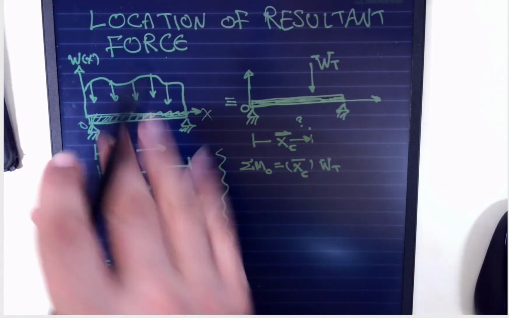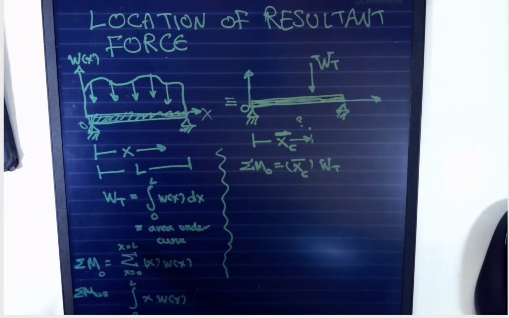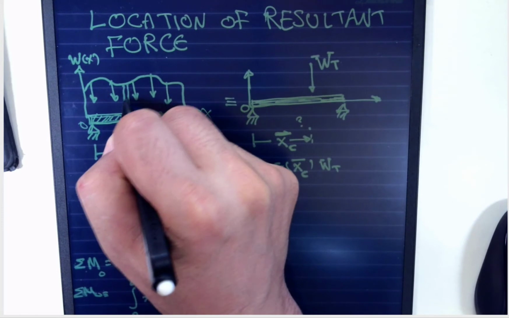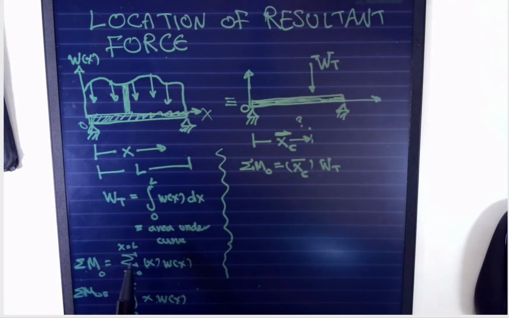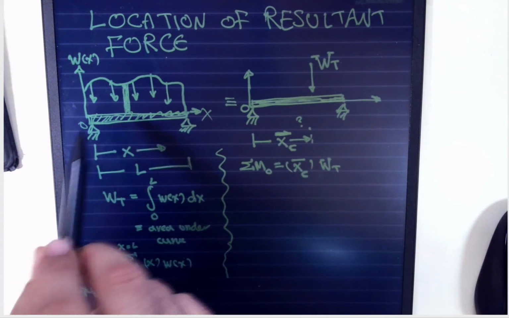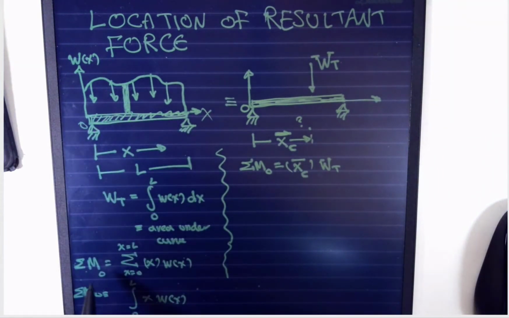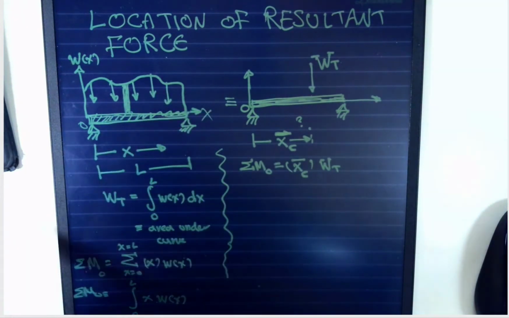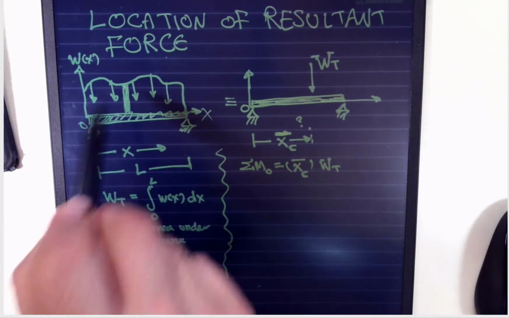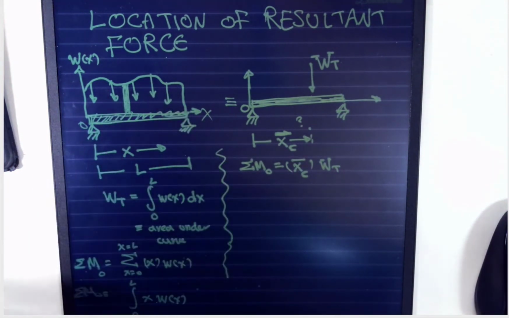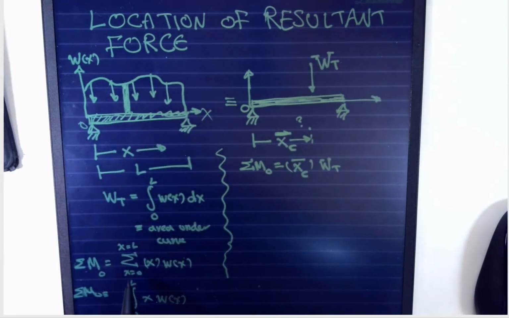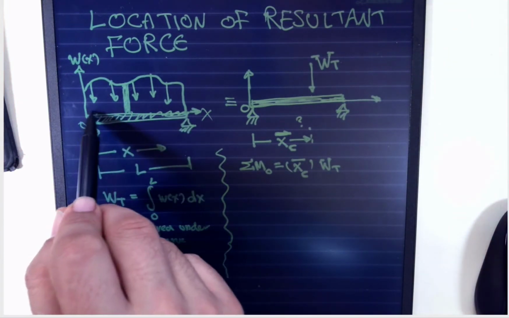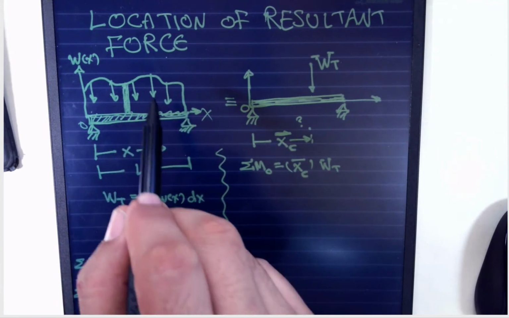In another way, if I were to first calculate the moment of each individual fragment, and I choose to calculate that moment about O, it's simply, if I discretize this profile into an infinite number of rectangles and want to calculate the moment of each fragment about O, the summation of x, which is the location of that fragment, multiplied by its value.